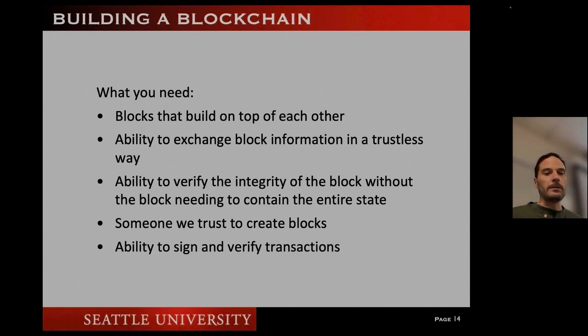We need the ability to exchange block information in a trustless way. We need the ability to verify the integrity of a block without the block needing to contain the entire state. We need someone to trust to create blocks, and we need the ability to sign and verify transactions. Once we have all those things, then conceptually we can build a blockchain.